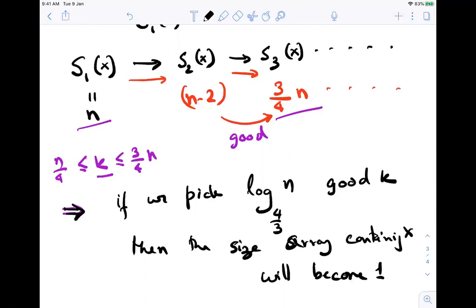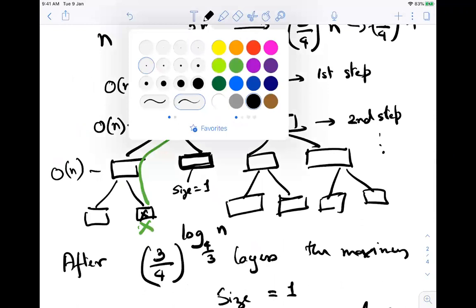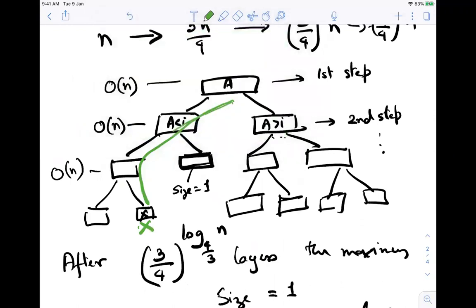So if we pick this log n base 4 by 3 times, this whole path that we talked about will come to a stop. This is just one path we are talking about.